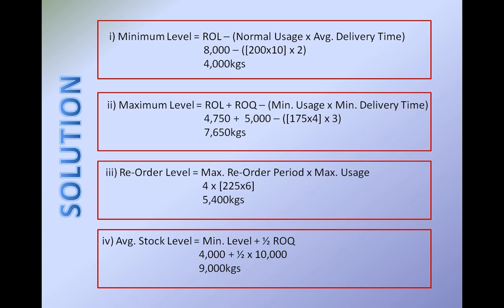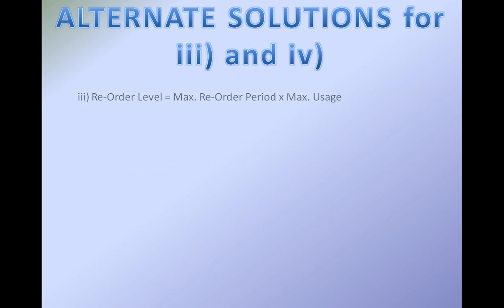Now, the third and the fourth answers, that is reorder level and average stock level, can be found in two different ways. As you already know, average stock level can be found as maximum level plus minimum level divided by 2. But reorder level also can be found using a different formula. You already know that the reorder level is equal to maximum reorder period into maximum usage.